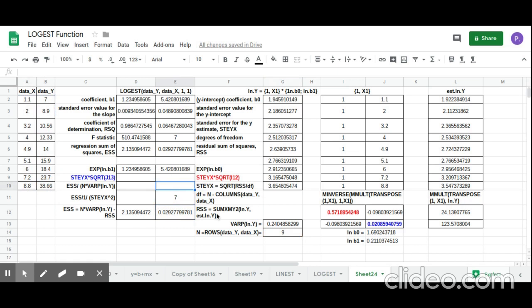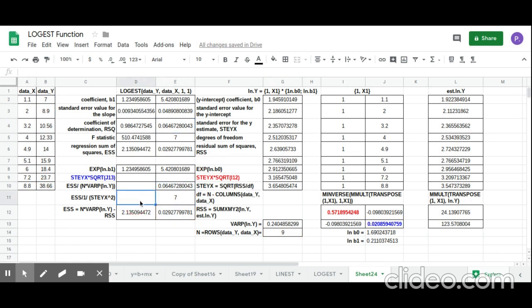Then we calculate the standard error estimate, which is equal to the square root of RSS divided by degrees of freedom, which is 0.0646, matches our LINEST output.